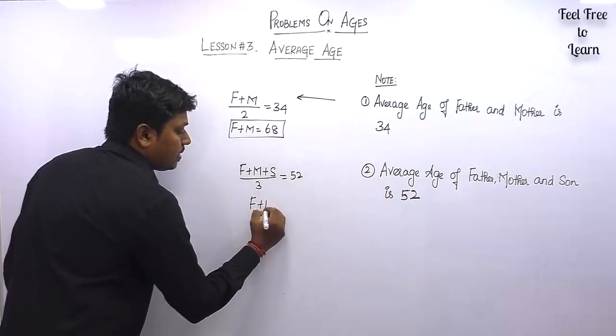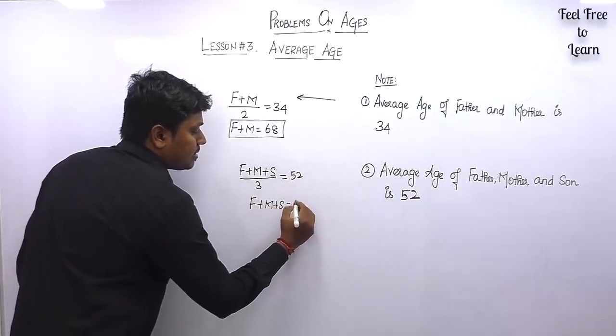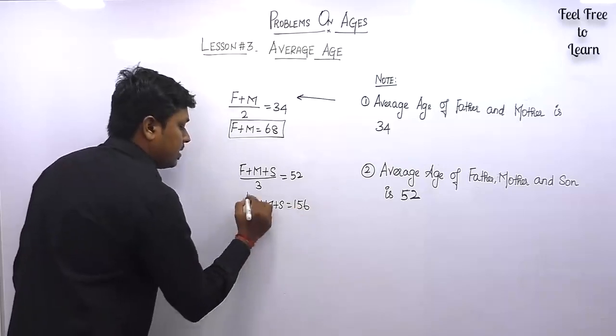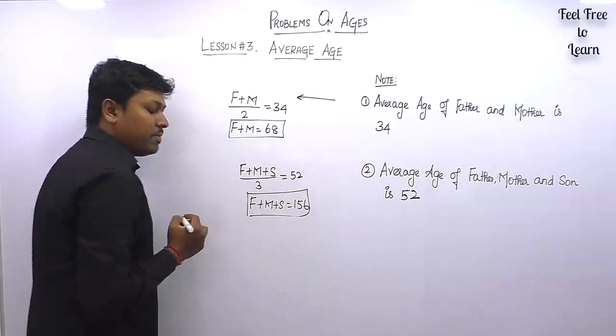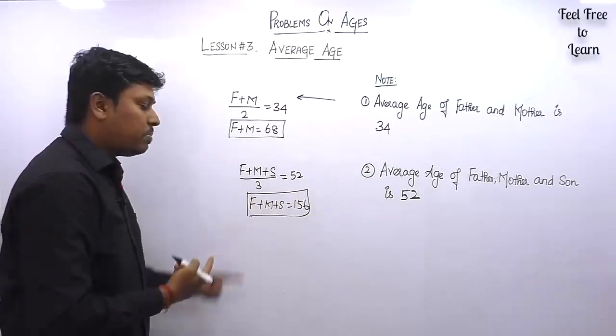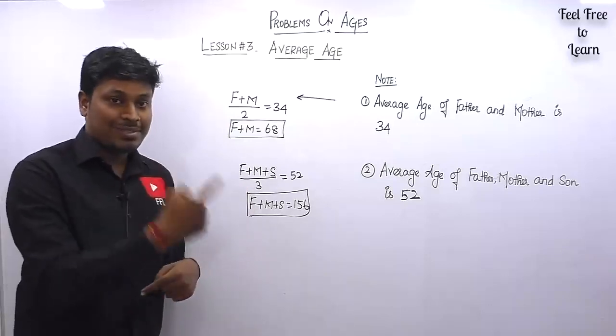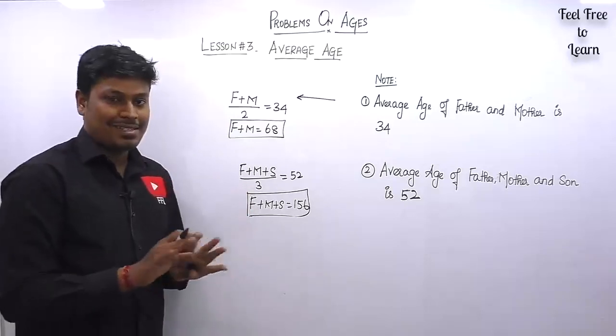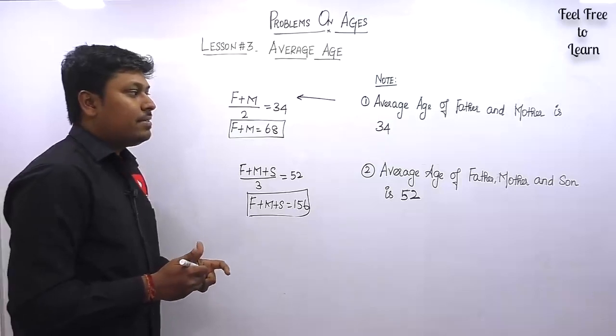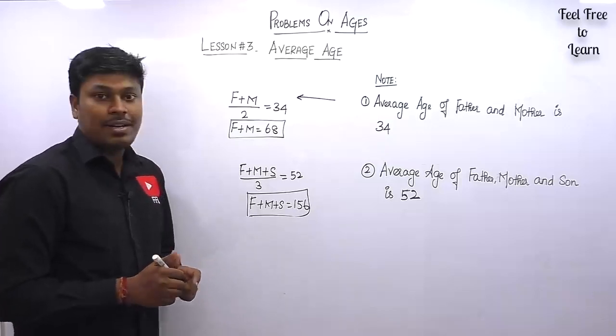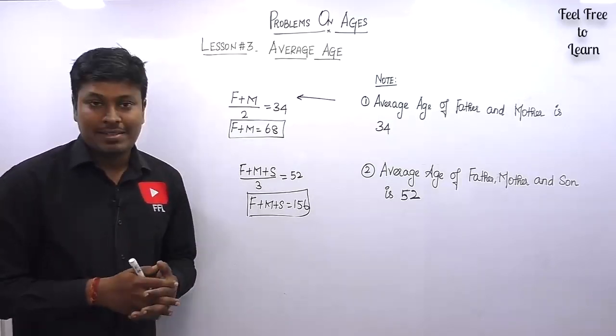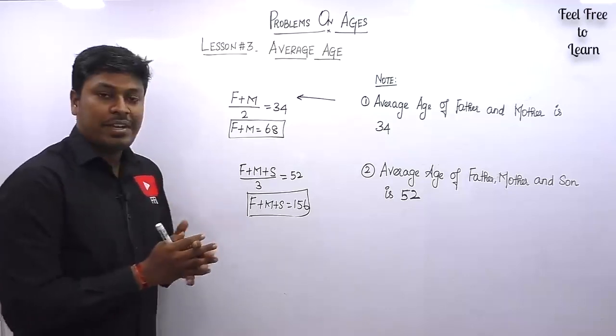So father plus mother plus son is equal to 156. So the sum of their ages will be 156. If they are talking about 4 persons, divided by 4. If they are talking about 6 persons, divided by 6, right? Just the basics. This is enough to solve questions based on average in problems on ages. So let me move on to all the 5 questions now.